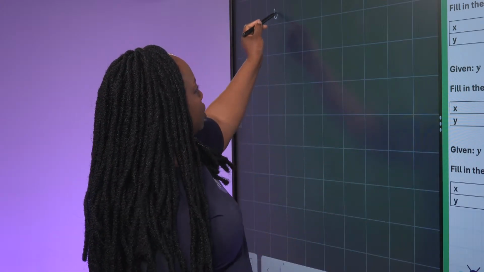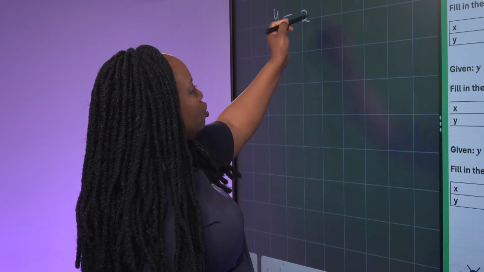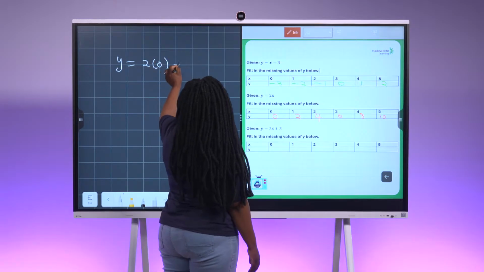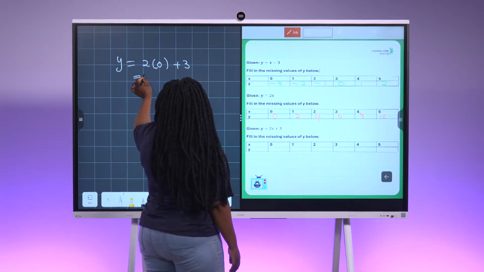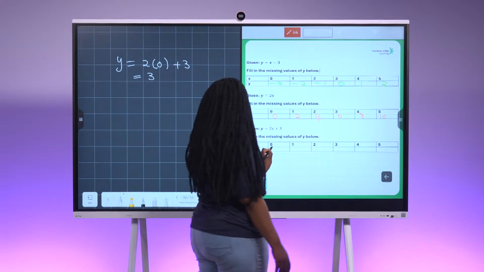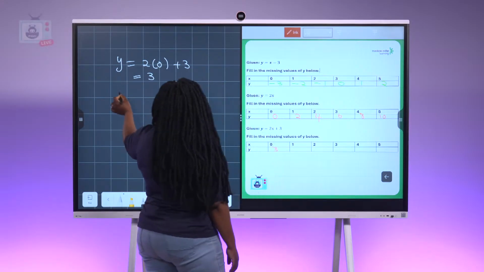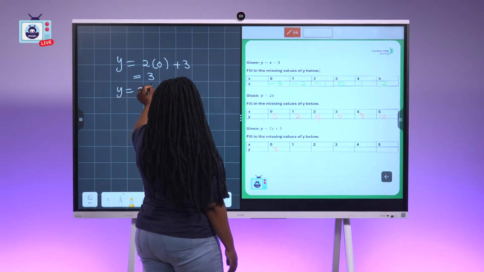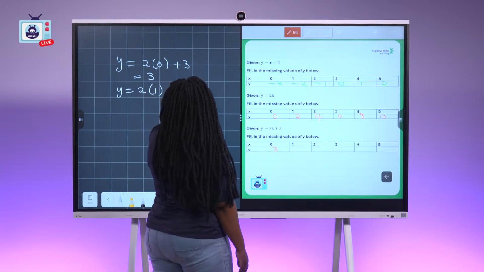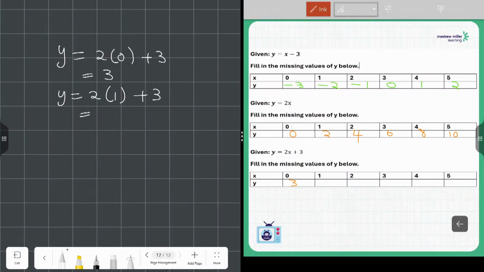We can quickly do this one as well. Y equals 2 multiplied by 0 plus 3. The answer will be 3. So we can fill that 3. And we have y equals 2 multiplied by 1 plus 3, that will be 2, times 1 is 2, and we add a 3, that will be 5. So we have it as 5. Then we continue.